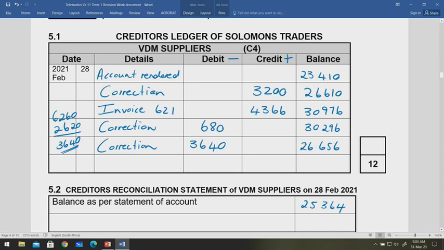2.5. The statement of account, in other words, their books, reflects interest of 114 Rand charged by VDM suppliers on the overdue account. The interest has to be recorded and posted to the creditors ledger. It is something appearing on the statement, not in our books; they charged us with interest.